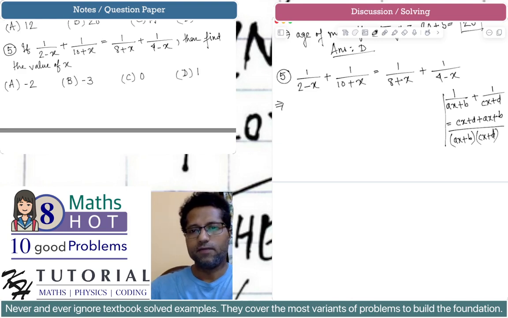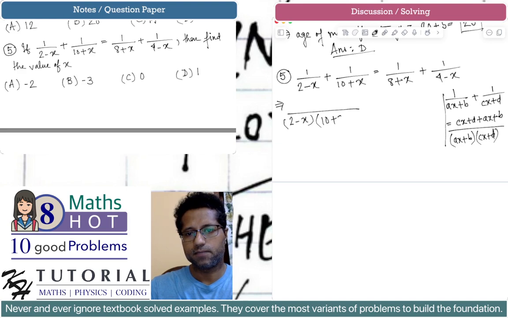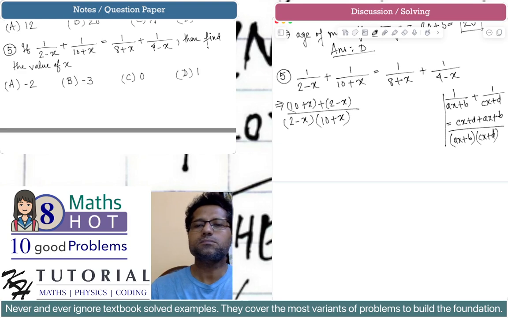So when we are adding 1 by 2 minus x and 1 by 10 plus x, the LCM will be 2 minus x multiplied by 10 plus x, and the numerator will be the sum of the denominators, that is 10 plus x plus 2 minus x.